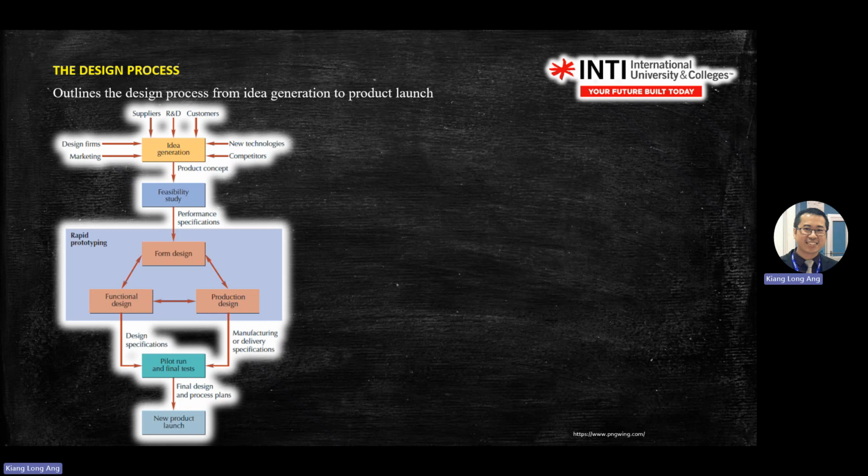Studies and tests the production process to make sure it is possible to make, or something. Okay, so this is the input and output. So this is input, and the output is what? Is the final process plan. Production one is process plan.